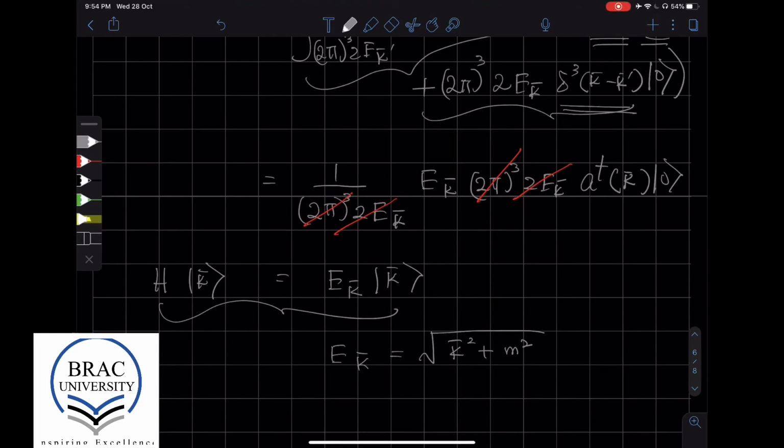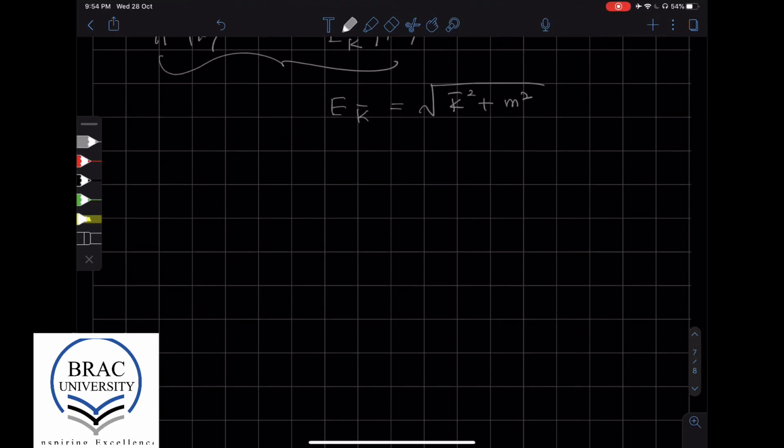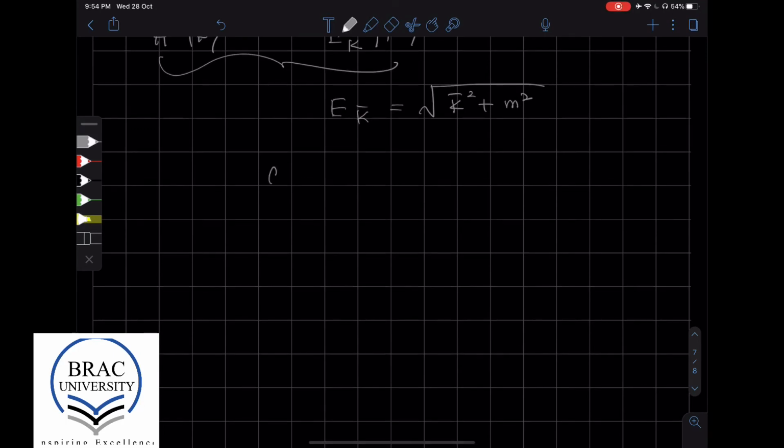We can now ask the follow-up question: if we have two creation operators, say one with momentum k1 and another with momentum k2, acting on the vacuum, so we have a state labeled by momenta k1 and k2, then what would be the H eigenvalue of this state?